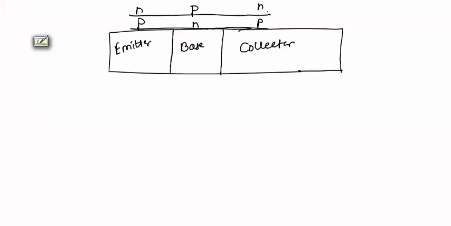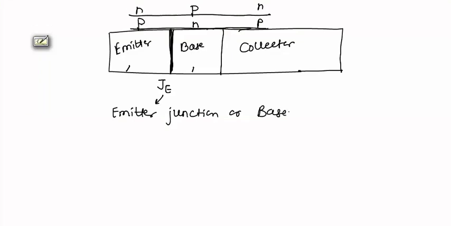In bipolar junction transistor, this emitter region and this base region form a PN junction, which is represented by JE and called emitter junction or base emitter junction.